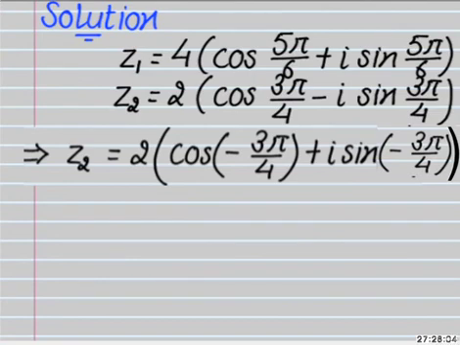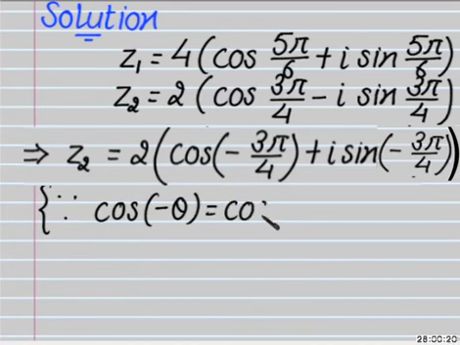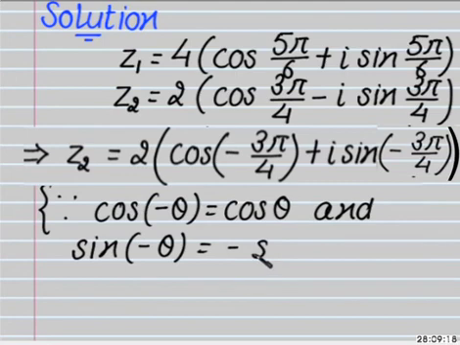This implies Z2 can be written as 2 into cos of minus 3 pi by 4 plus iota into sin minus 3 pi by 4, because we know that cos minus theta is equal to cos theta and sin minus theta is equal to minus sin theta.